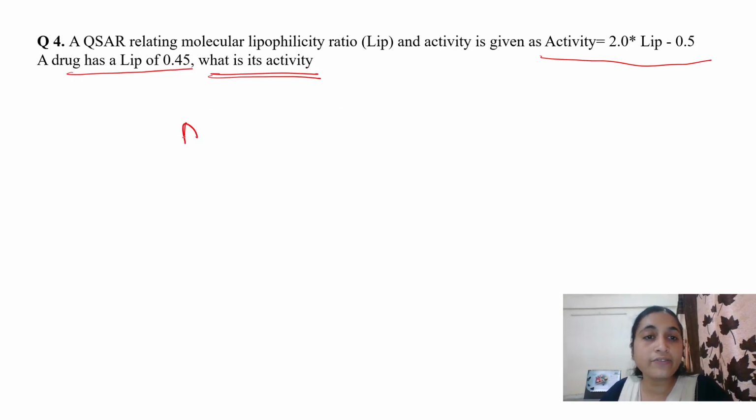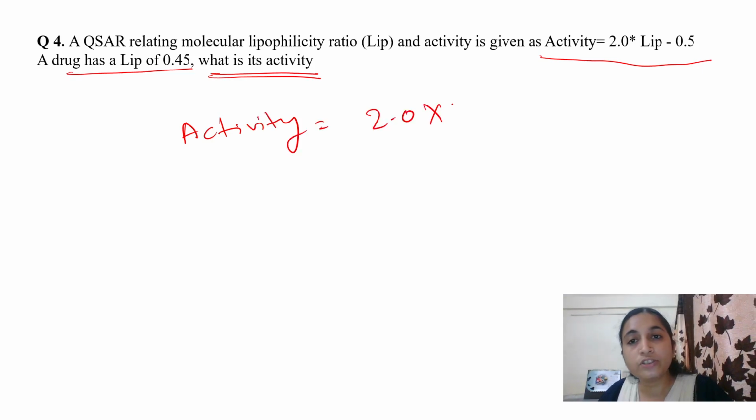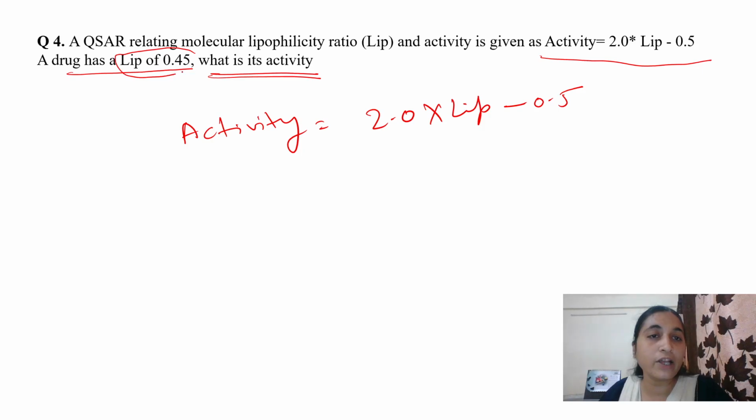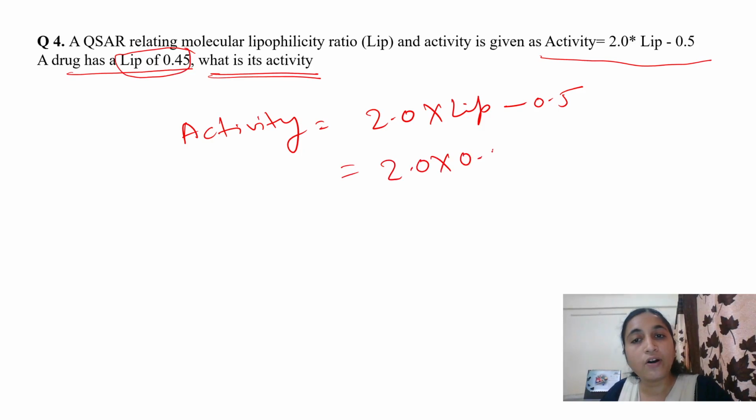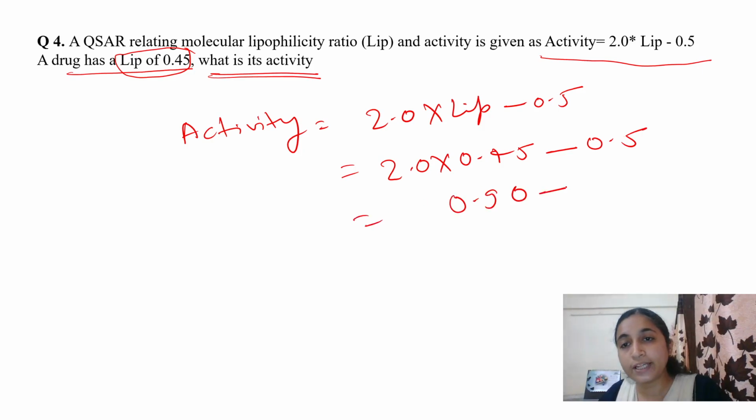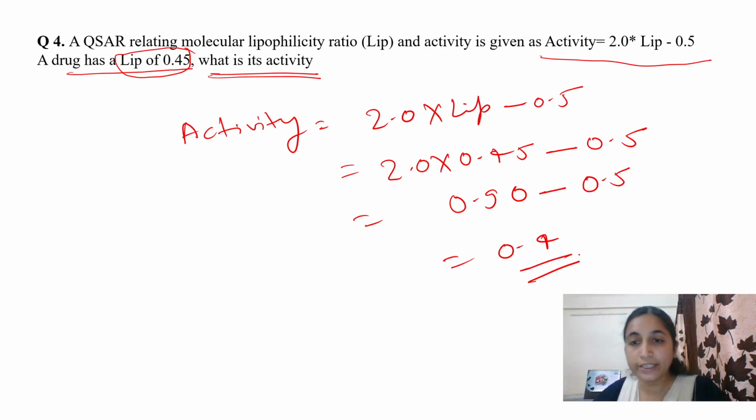Here the formula is given, activity equals 2.0 into lip minus 0.5, and in the question itself the lip value of the drug is 0.45. So simply we will put the value of lip in this formula and calculate the activity. So this will be 0.9 minus 0.5, so this will be 0.4. This will be the answer, right?